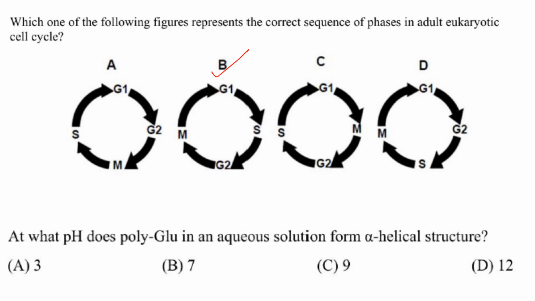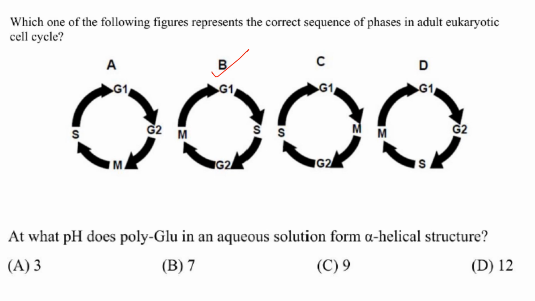The others are 7, 9 and 12. So if you take the consideration of pK of glutamic acid side chain, it is 4. Now 3, if you see, it is less than 4. That is pH, if you take pH as 3, it is less than 4.